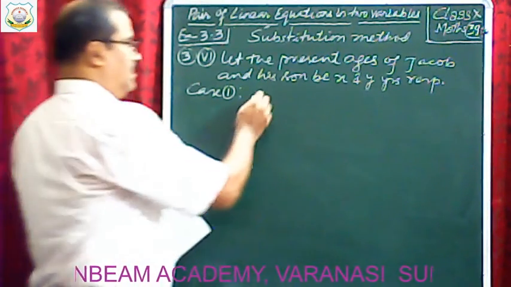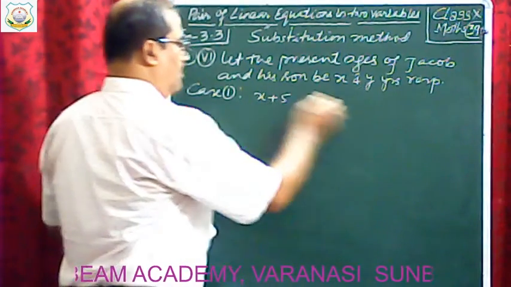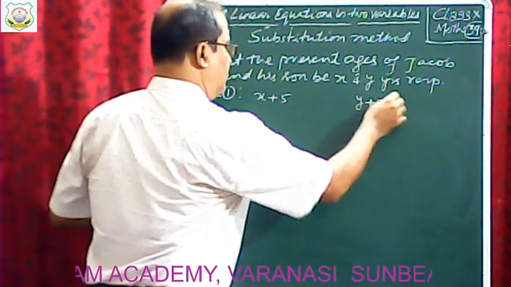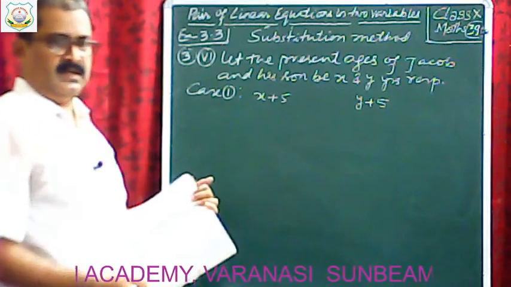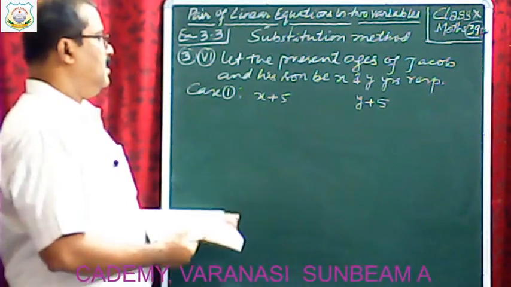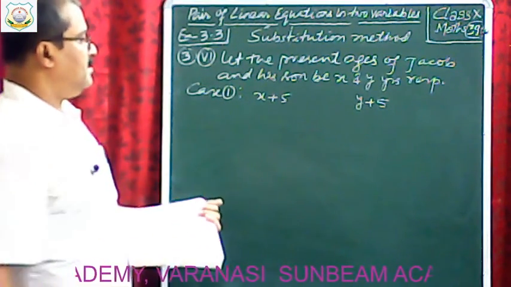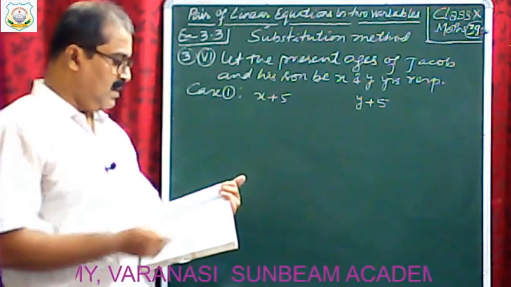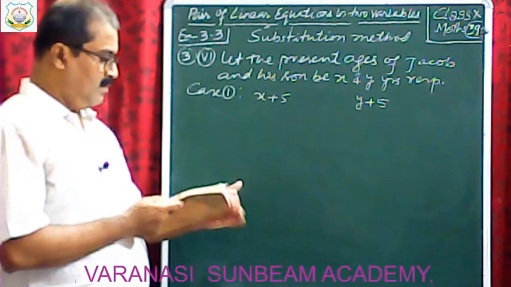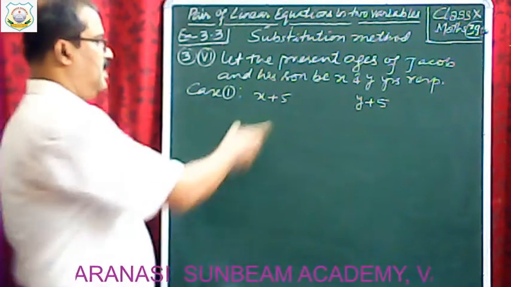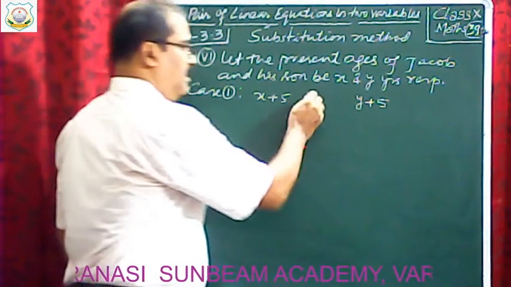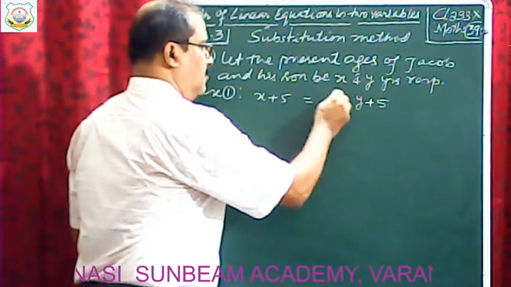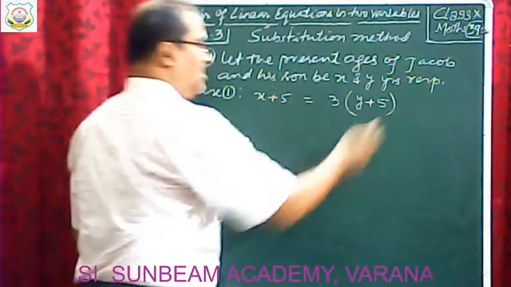So I have to write the ages X plus 5, Y plus 5. After 5 years, the age of Jacob is X plus 5 and his son Y plus 5. So after 5 years, the age of Jacob will be 3 times that of his son. Age of Jacob is equal to 3 times the age of his son.